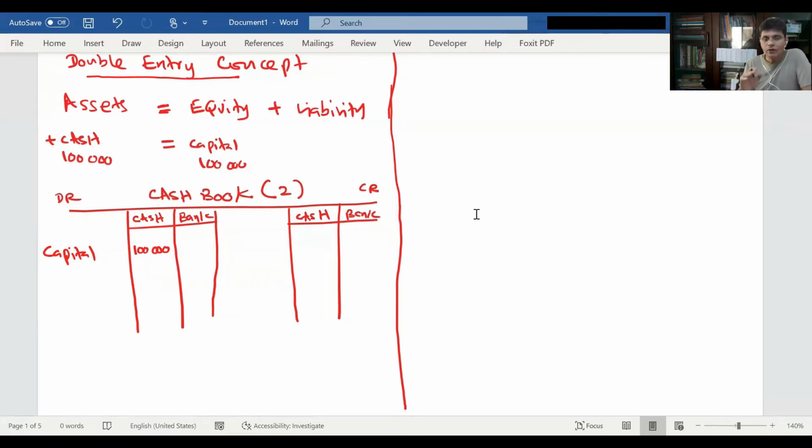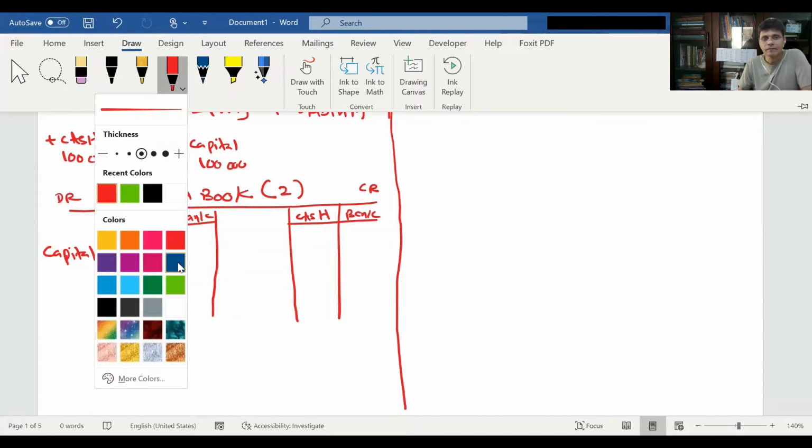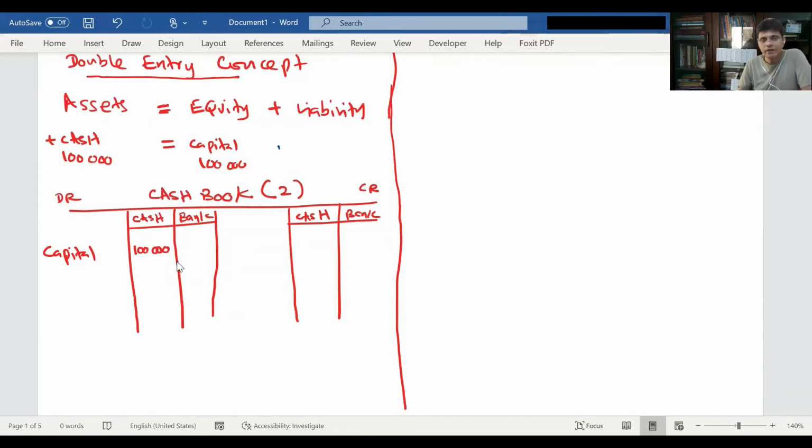Now the accountant was asked to open a bank account with the bank. When you deposit cash, he will simply credit the cash column and debit the bank column.